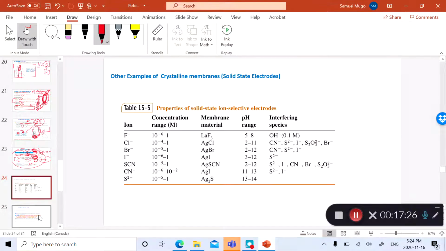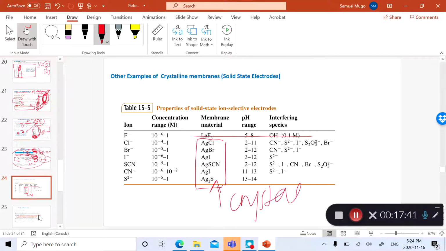So there are many other types of crystalline membranes, other than the fluoride that we've talked about. But all of them, as you can see, are based on the membrane material. You can see it's a crystal, all right? So for example, in a chloride ion selective electrode, the crystal would be silver chloride that is doped with something else.